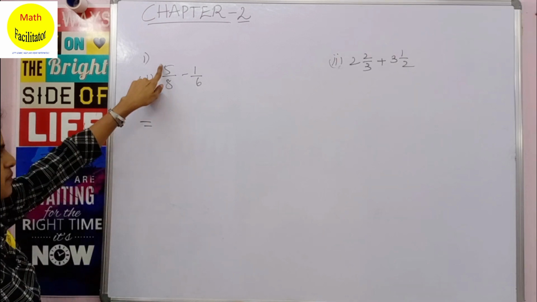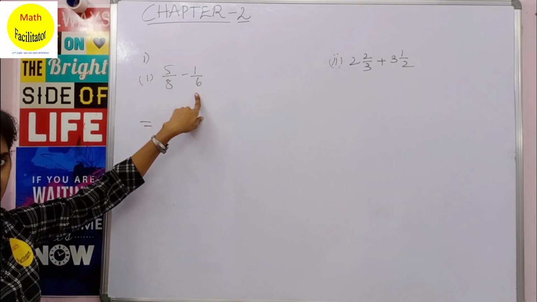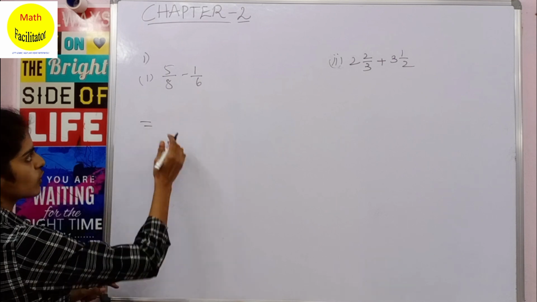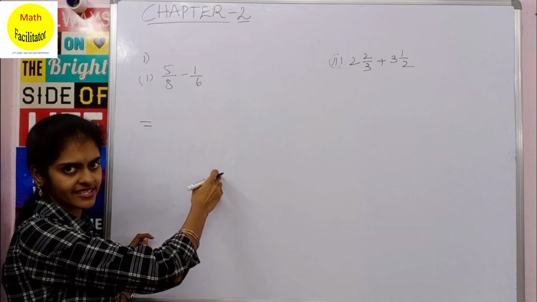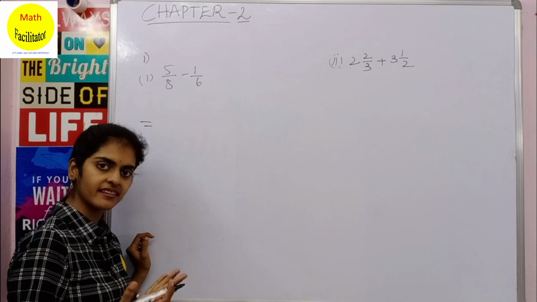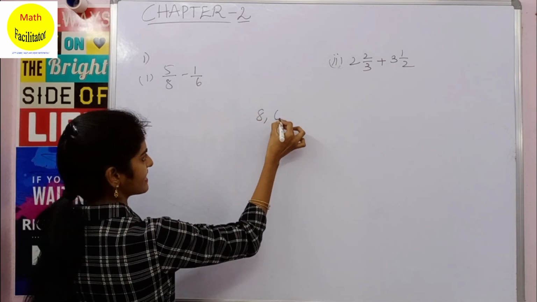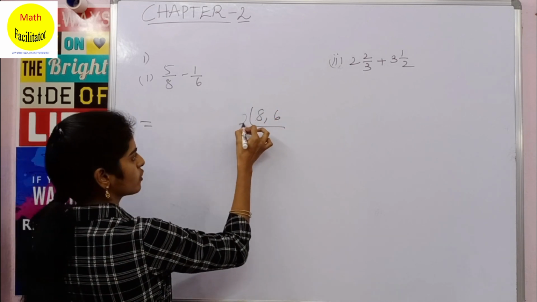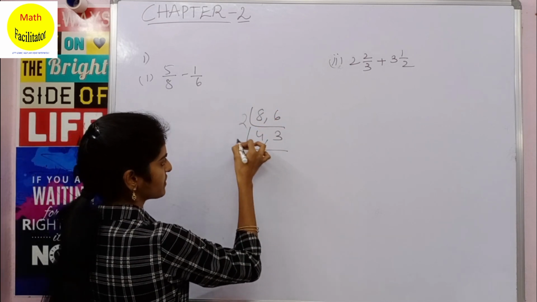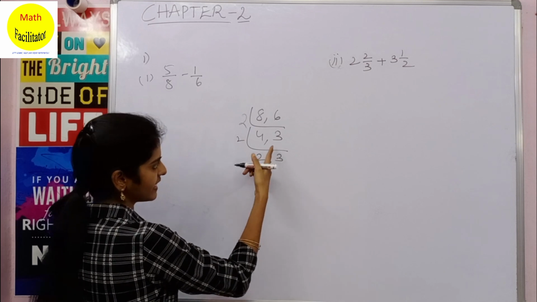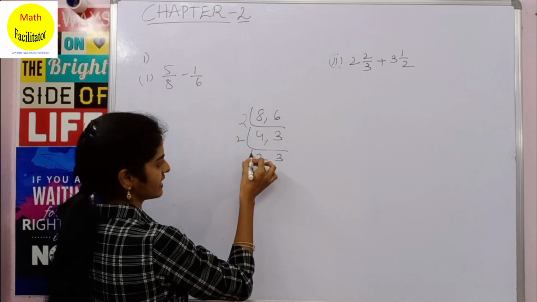Firstly, you can see 5 by 8 and 1 by 6 are not like fractions, they are unlike fractions. So you will convert them into like fractions and then you can solve it. That is one method. The other method is you can take LCM. So LCM of 8 and 6 is what? 2 4s are 8, 2 3s are 6, 2 2s are 4, and 3 doesn't divide 2, so you write it as it is.